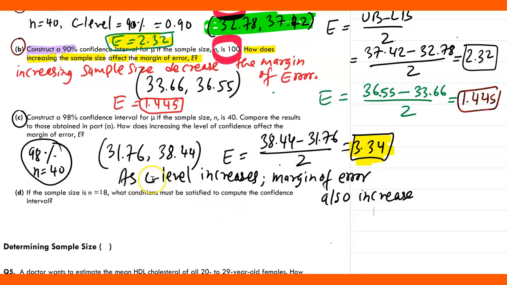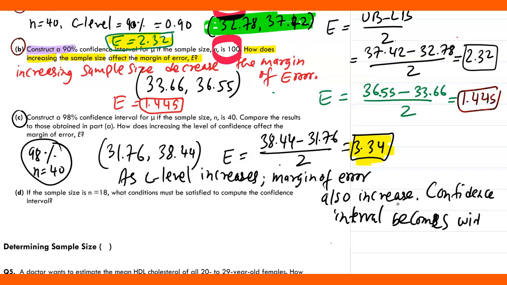Therefore, as confidence level increases, margin of error also increases. In other words, the confidence interval becomes wider. It means you have a bigger interval. If you increase the confidence level with the same sample size, your confidence interval becomes bigger or wider.